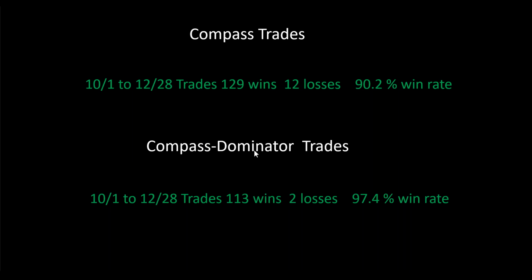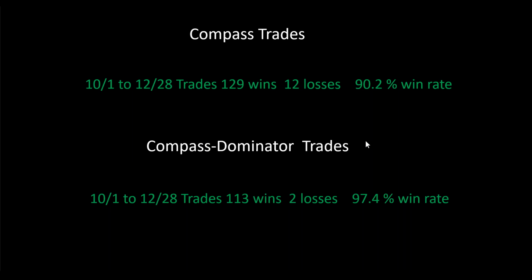Now, when the Dominator system came out in October, what I did was I just took trades that I would have taken anyway off the Compass system, and when the Dominator system then aligned, so let's say I had a bullish setup in the Compass system, telling me the institutions are in there buying, and the Dominator system was telling me they're also the market internals, which I'll go into some detail on, was also aligned in the same direction. They were both long.